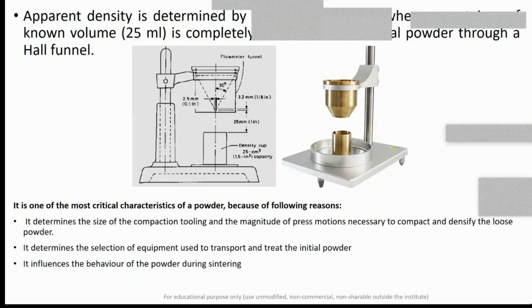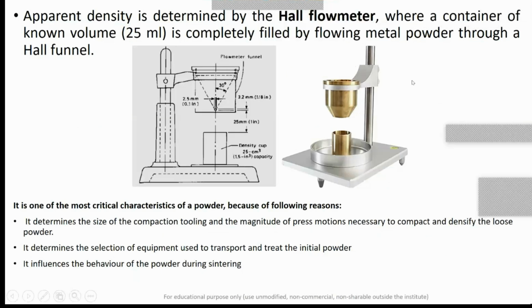This apparent density is determined by a special device called the Hall flow meter. In this figure you can see there is a steel stand, and on top of it there is a base, and then a measuring cylinder of known volume, known capacity.